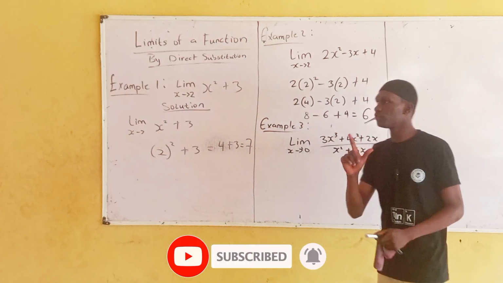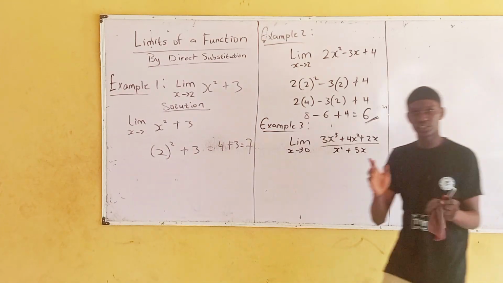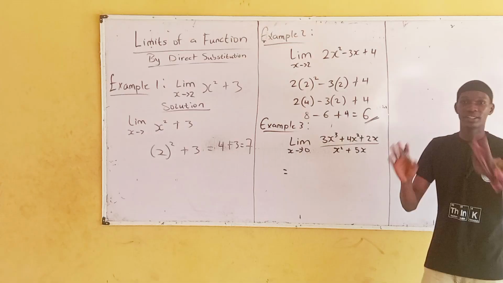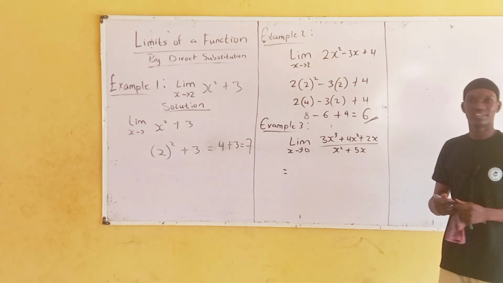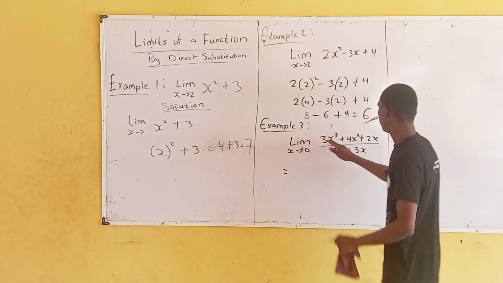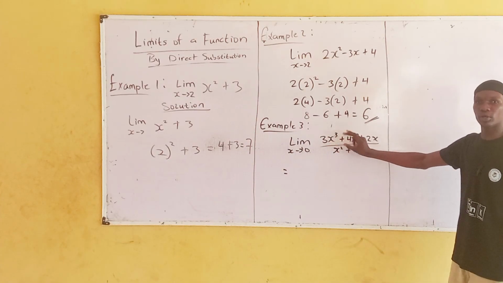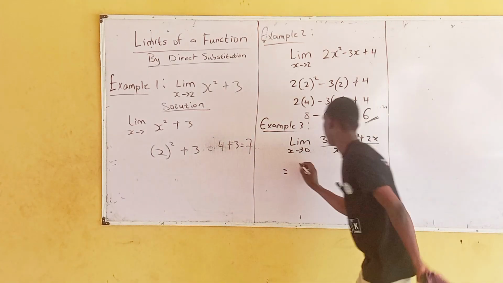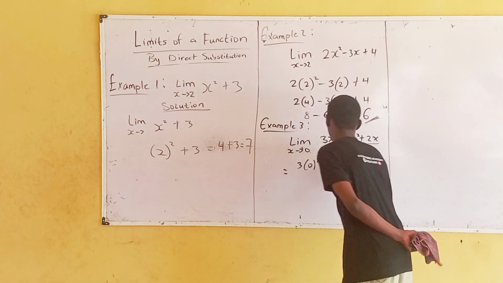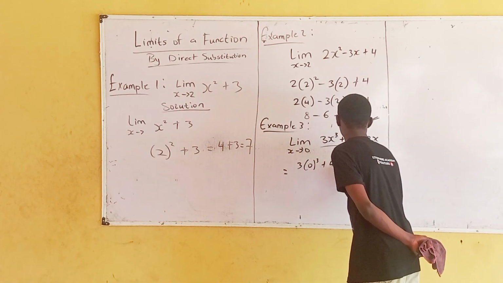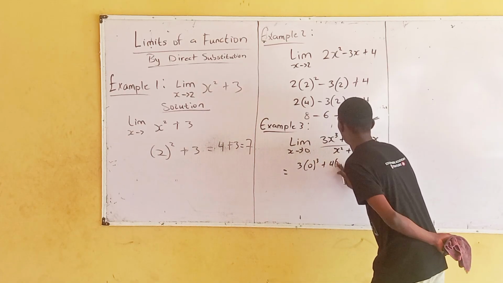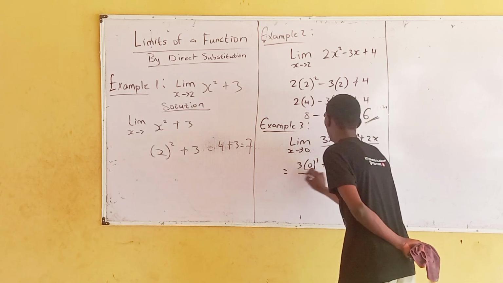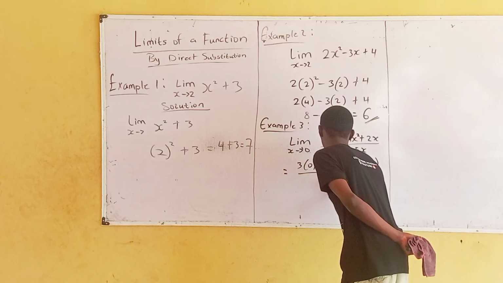Like I said, when given a question on limit, the first thing you do is substitute directly. On a normal day as a mathematics student, what will happen here? 0 over 0. Because if you substitute 0 for x, that is 3 open bracket 0 cube plus 4 open bracket 0 square plus 2 open bracket 0 over 0 square.